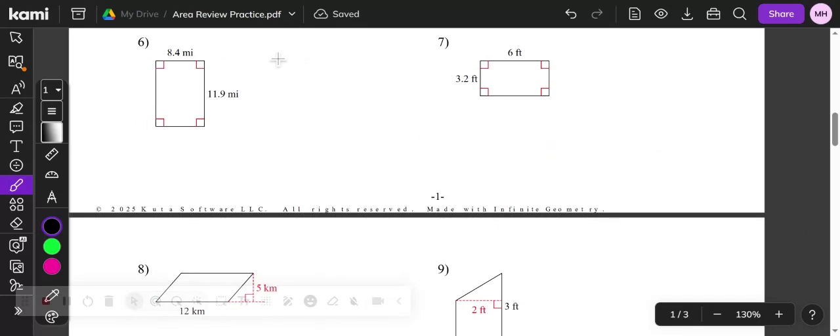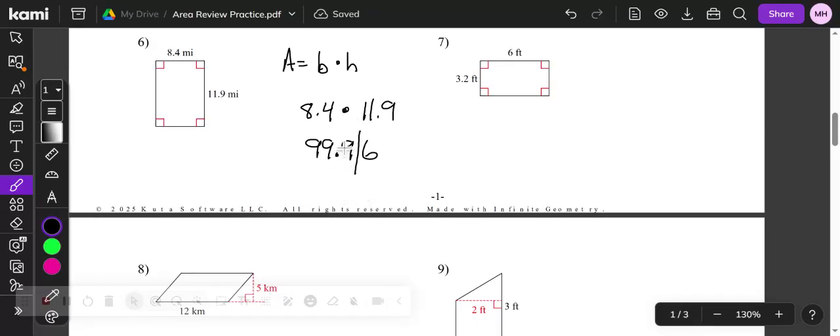Okay, area of a rectangle is base times height. So the base, 8.4, because it'd be the same down here. 8.4 times 11.9 is 99.96. You guys always have a little bit of trouble doing this. If I round it right there, I'm cutting it off.